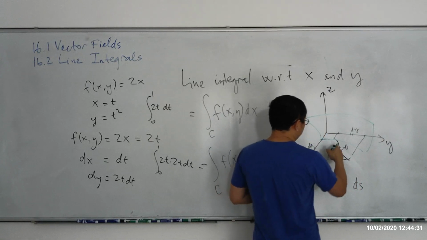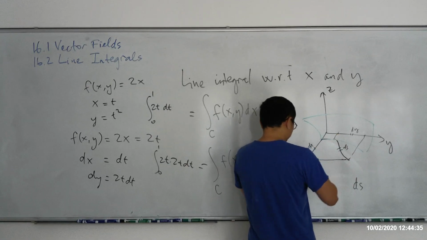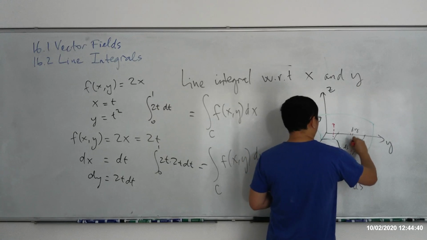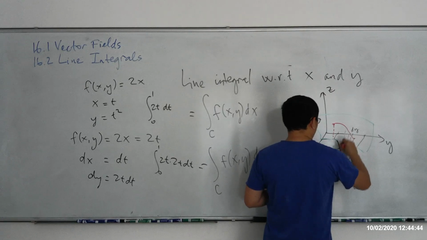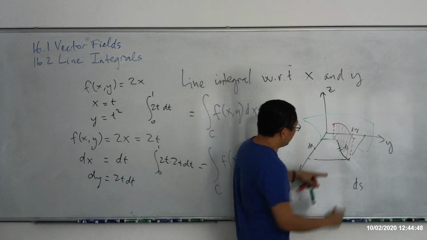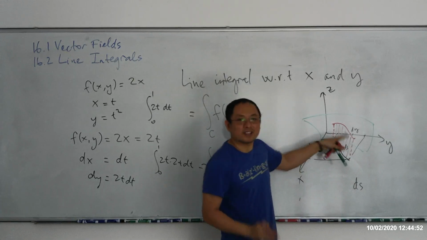Okay, and this is my curve C right here. You project it up, bring it up. You integrate what? f of x y ds. You calculate the area of this surface right here, the fence right here.